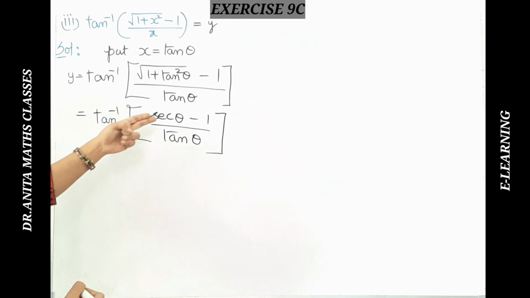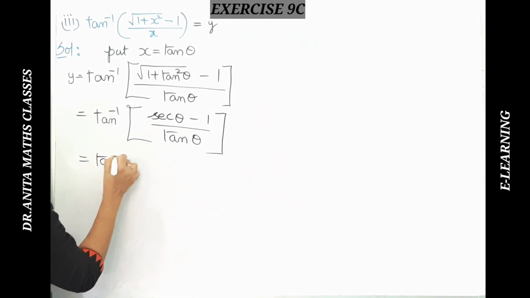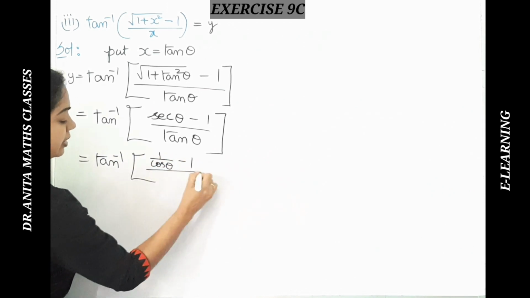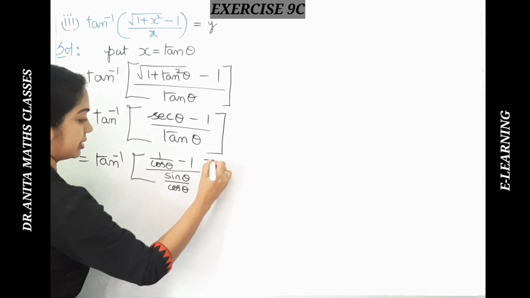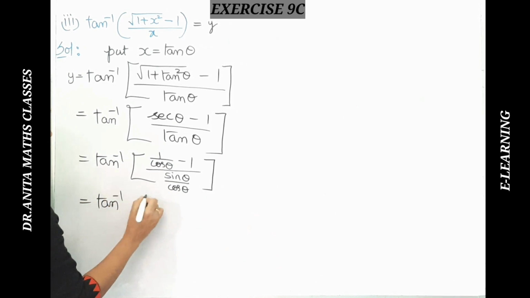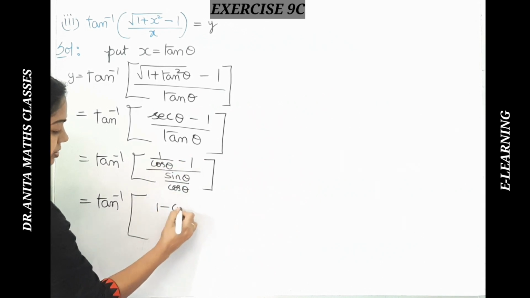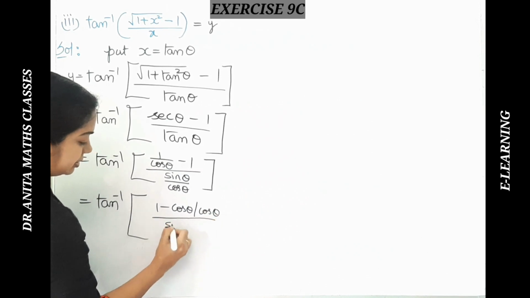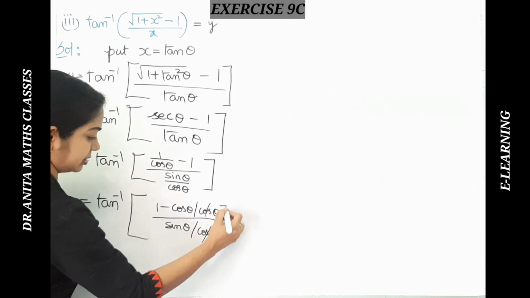Okay, so we will shift this into sine cos functions. That comes to tan inverse of 1 by cos theta minus 1, divided by sine theta by cos theta. Let us take the LCM above: you get 1 minus cos theta divided by cos theta, and in the denominator sine theta by cos theta. These two denominators get cancelled.